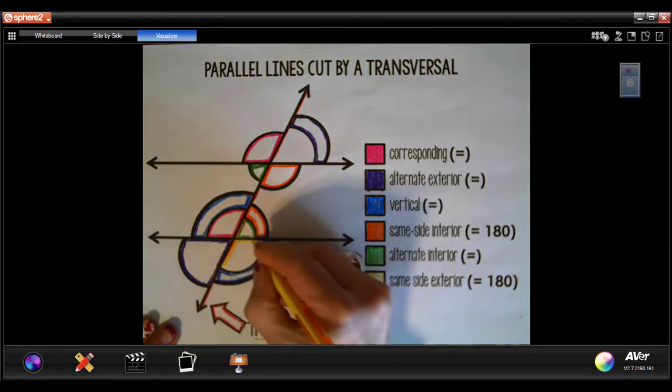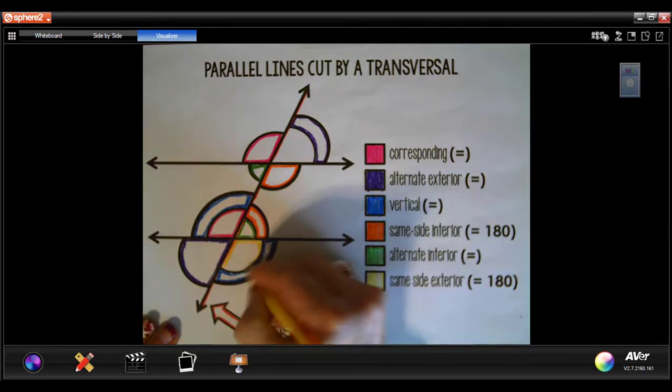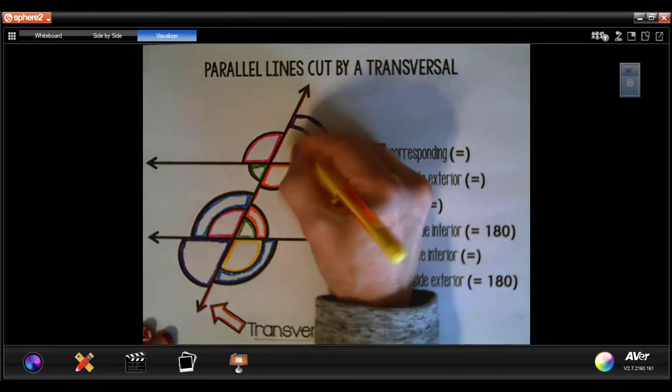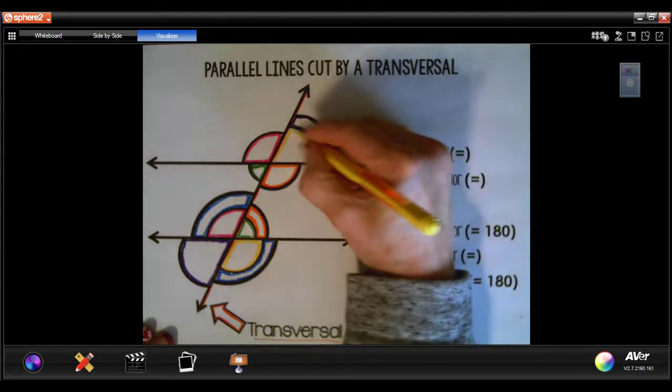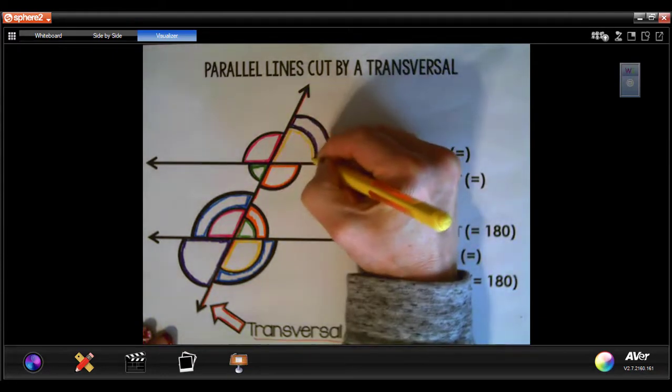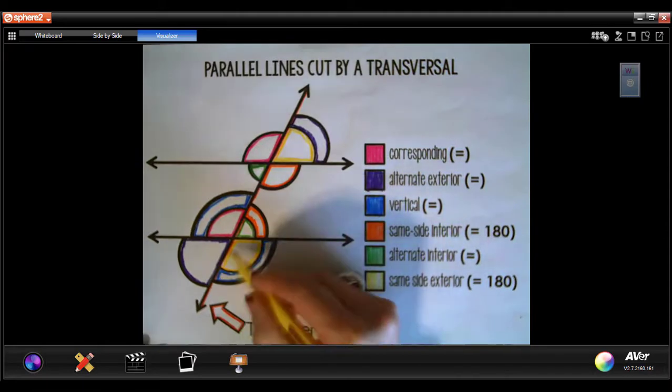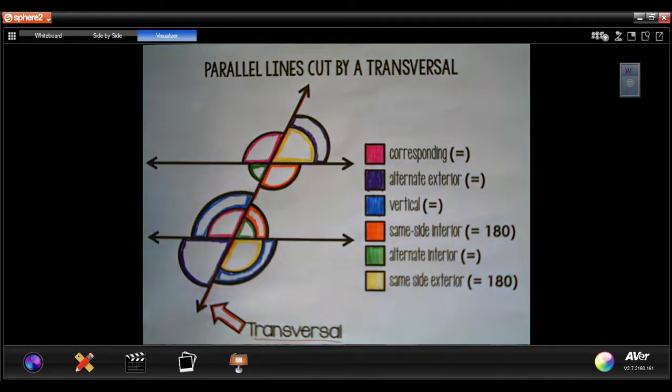So these are exterior angles and they're on the same side. And you notice that your key tells you, hey, those 2 together are going to equal 180 degrees. And again, if you notice, this angle that I'm coloring right now is acute. And the first one I colored was obtuse. All right, so that's quite a key.